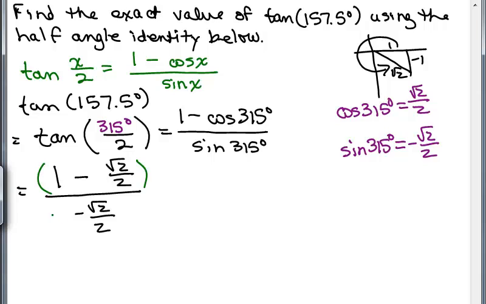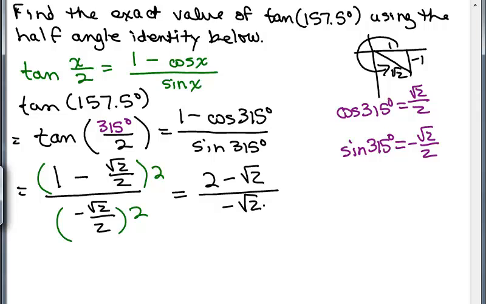So I need to multiply numerator and denominator by 2, which gives me, well, I've got to do my distributive property in the top. 2 times 1 is 2 minus, and 2 times square root of 2 over 2 is just square root of 2. And in the denominator, I have 2 times negative square root of 2. The 2's cancel. I have negative square root of 2.